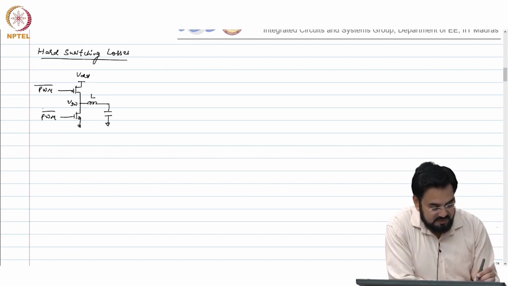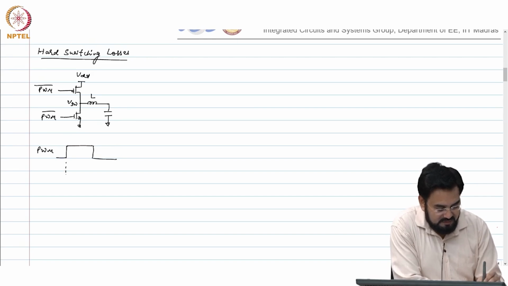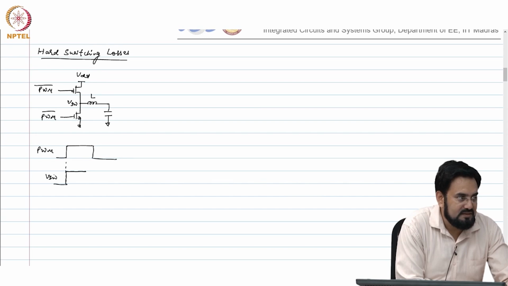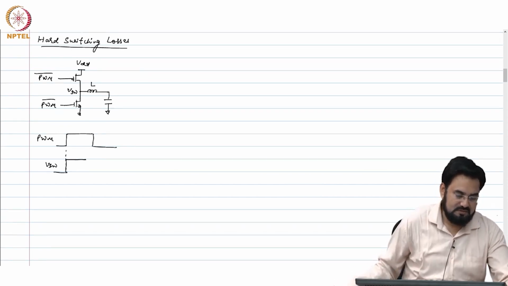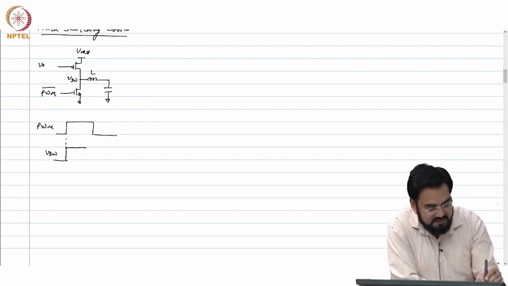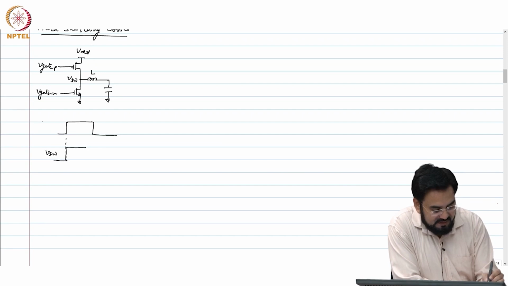So, when PWM is high, your VSW is going to be high, correct? Or let me write it V gate, V gate N. So, let us call it V gate.